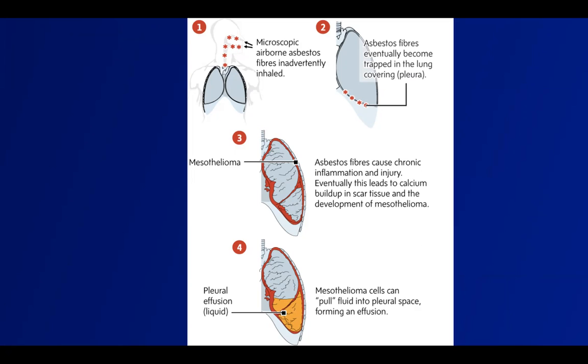But don't be afraid of these particles, because some of them will be captured by the larynx and the upper airways, and some will be captured by the tracheal ciliary system.